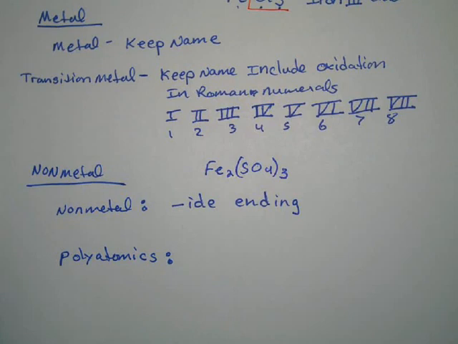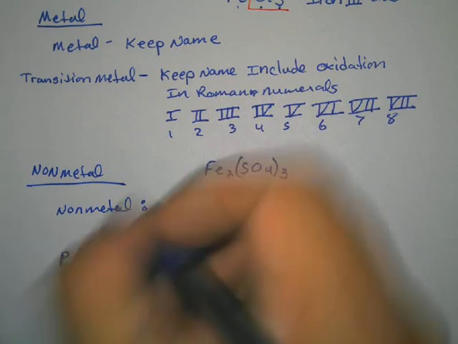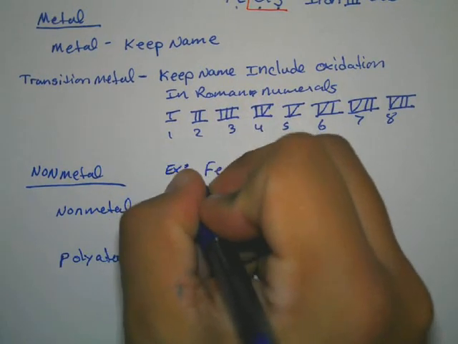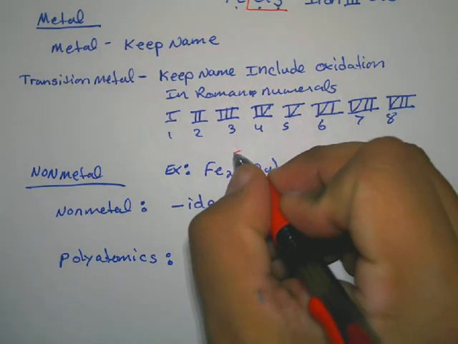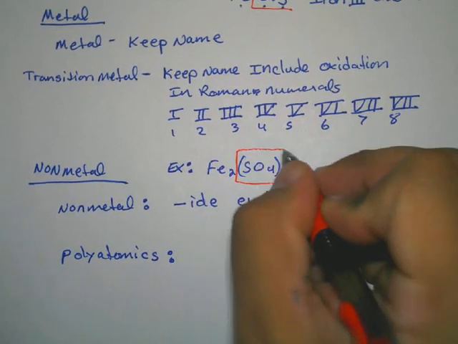Let's look at this example here. This is going to be another example, okay? So as we see, remember I said it's always the metal and then everybody else, right? So here's the metal, and then here's everybody else.